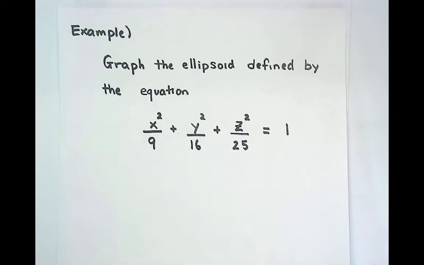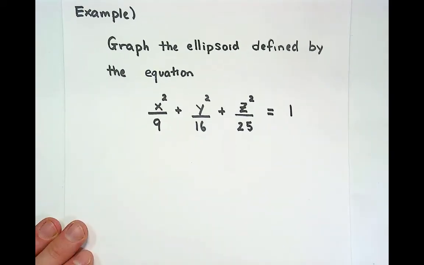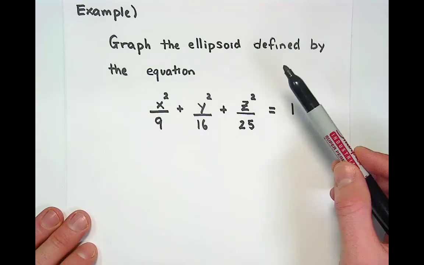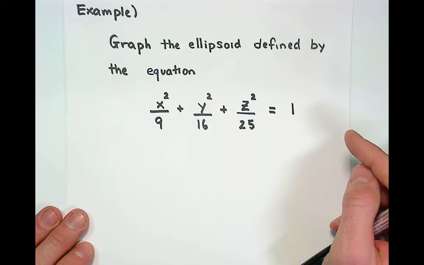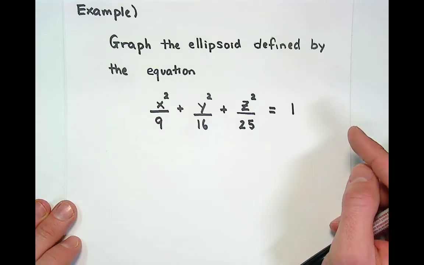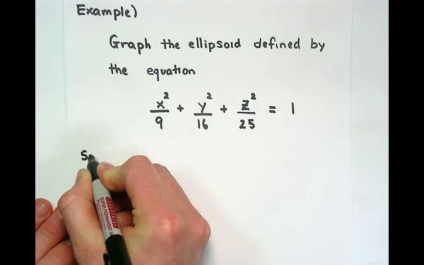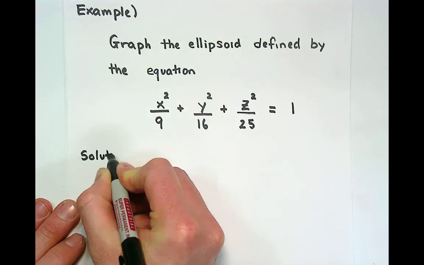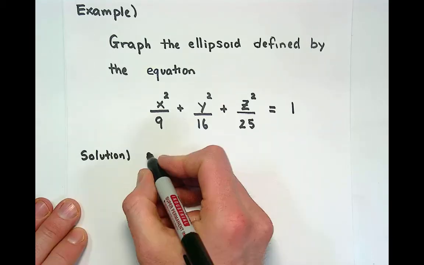Well, this is great in general. Let's sink our teeth into a specific example and see how to graph this. The example we're going to look at is to graph the ellipsoid defined by the equation x squared divided by 9 plus y squared divided by 16 plus z squared divided by 25 equals 1. And the first thing that we're going to do as we go to graph this is use our brain, not boot up Mathematica on our computer.